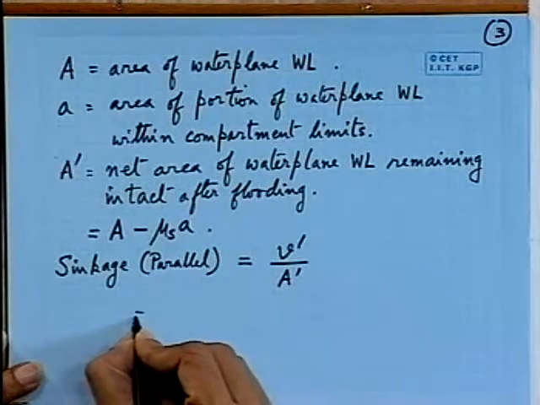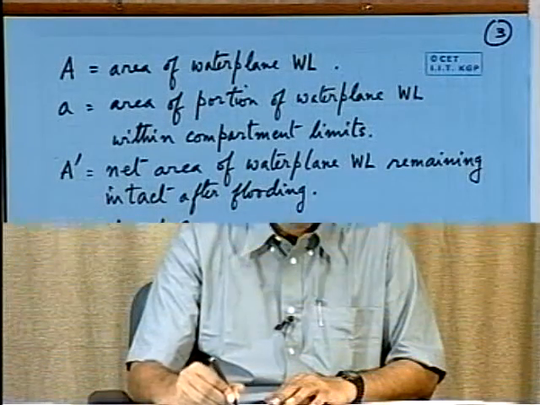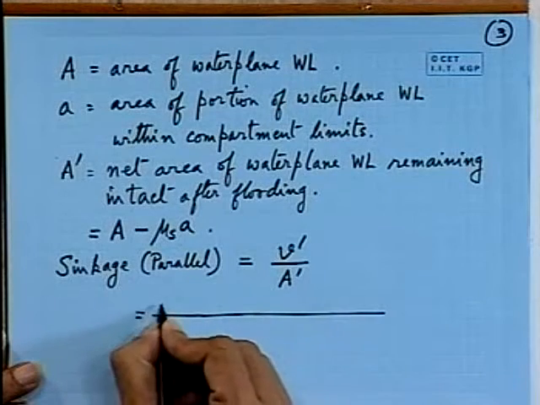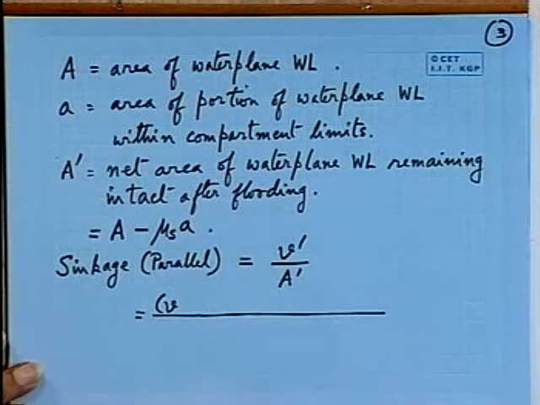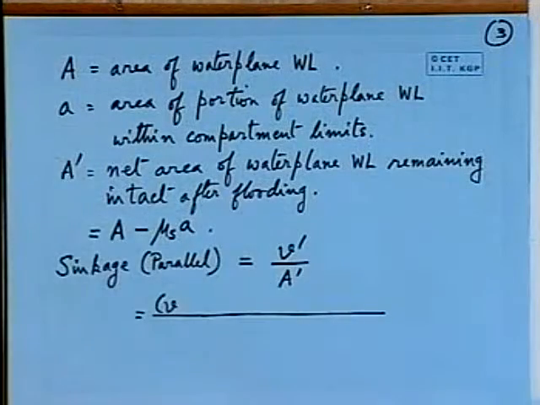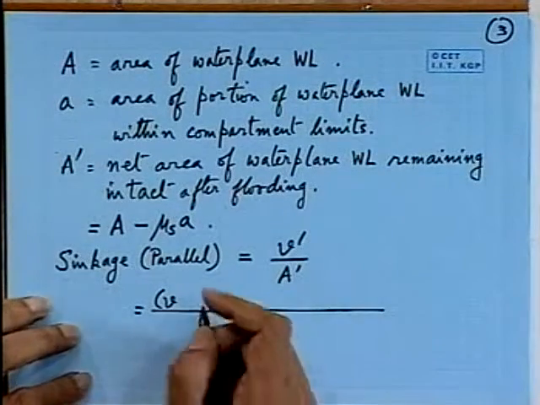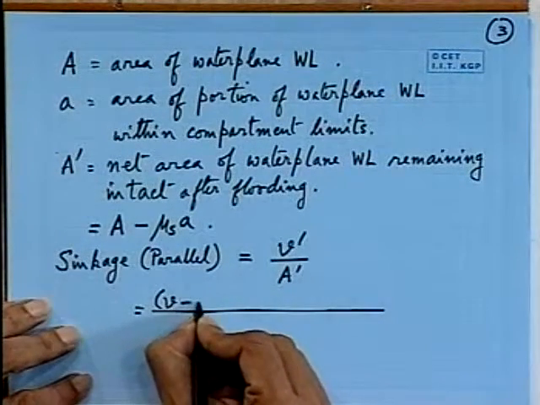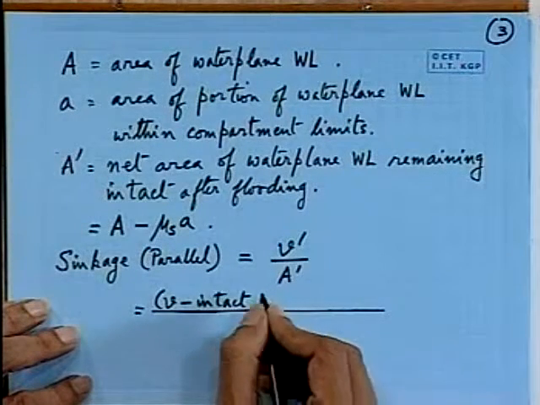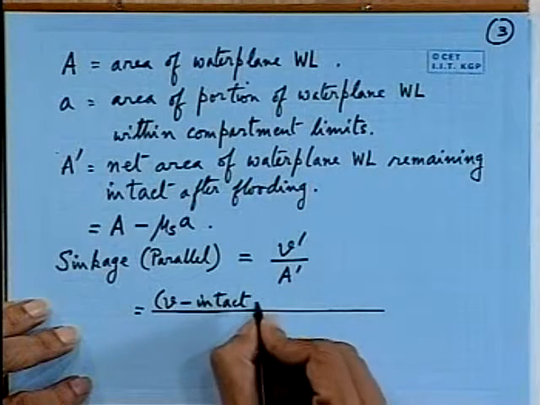So V prime is my lost buoyancy. Now this is equal to the V that I have already said is your molded volume, so molded volume of the flooded compartment minus any intact volume.